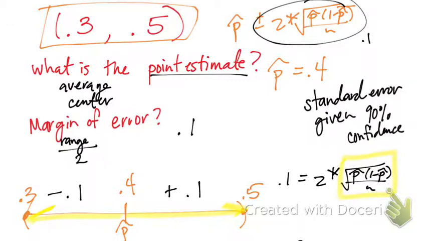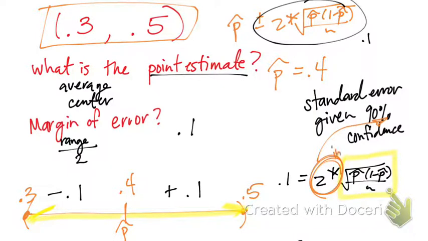So what could I do to figure out just the stuff under the square root? How do you know the n? You don't. You just want to know this, but can I figure this out with the 90% confidence? Yes, I could.